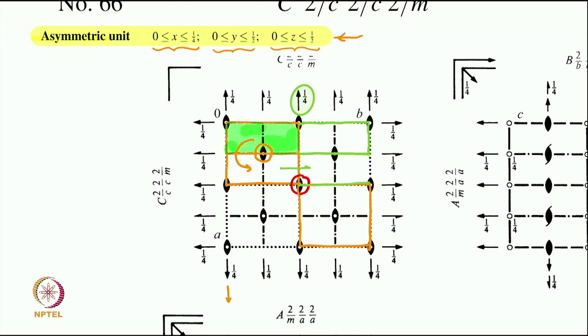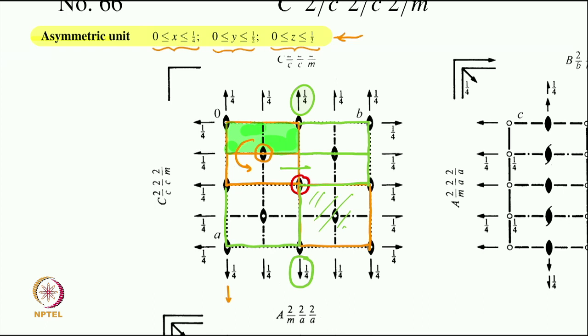So, you will fill this entire volume, and that same twofold axis at height 1/4 when applied to this region will fill this space.